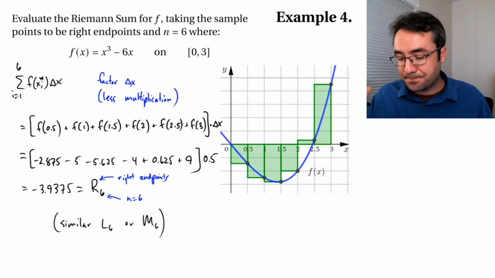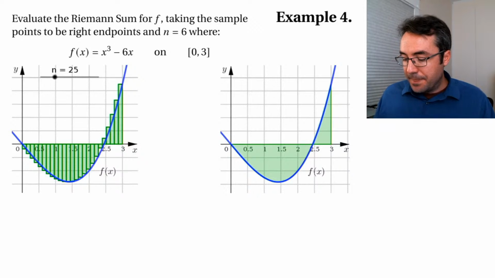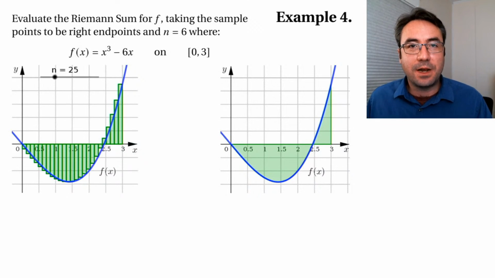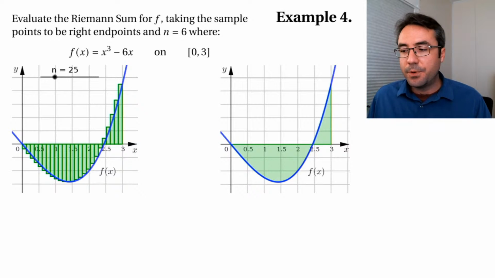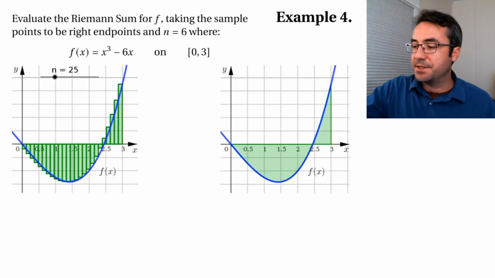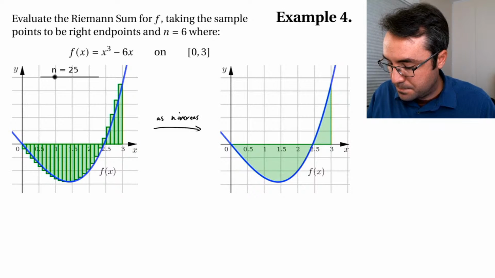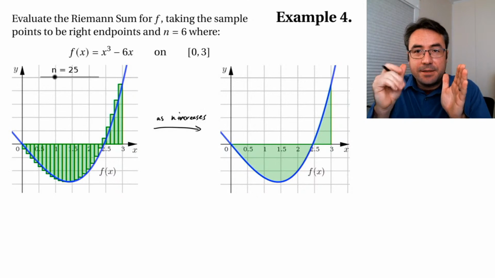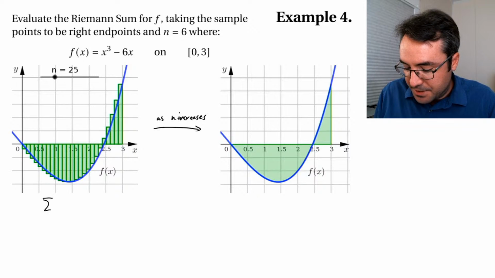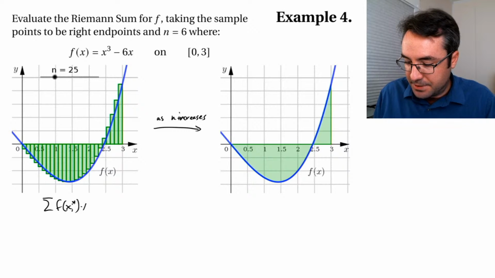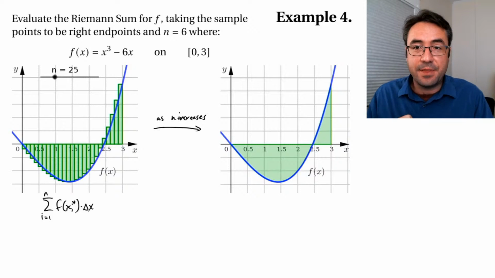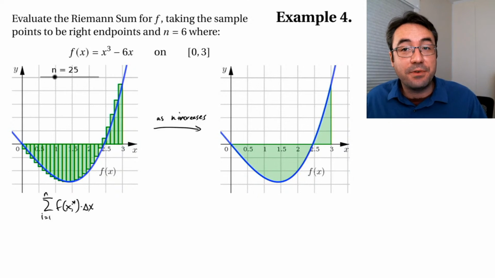the x-axis. And if we were to repeat this process for larger and larger n values, what we would see is that as n increases, what we're doing with all these tiny little rectangles is this is our Riemann sum. It's the height of each rectangle times delta x, the width of each rectangle, and we might have n of them in general. In this diagram here, we have 25 little rectangles.